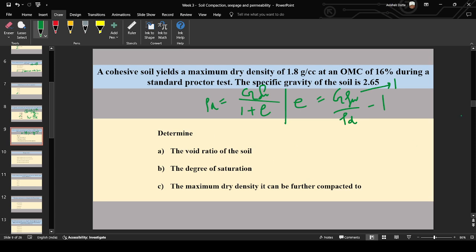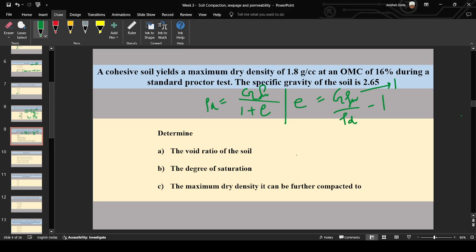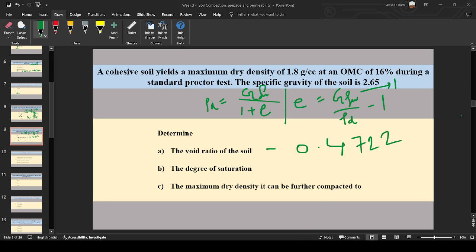Just a moment. I am getting 0.4772. This is the void ratio. Okay. Any answer? Yes. Not 13, check it.